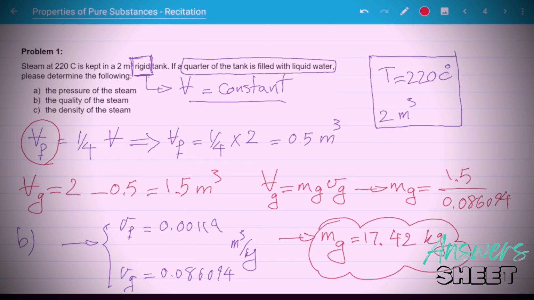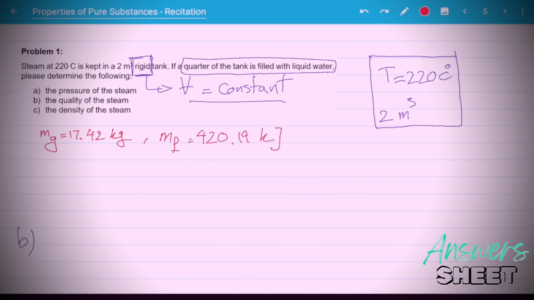All right, so now we have the mass of both liquid and the vapor. Okay, so I cleared up the calculation space again, and here's the mass of vapor, and here's the mass of the fluid. So quality, we define it as the mass of vapor over the total mass of our system, right?